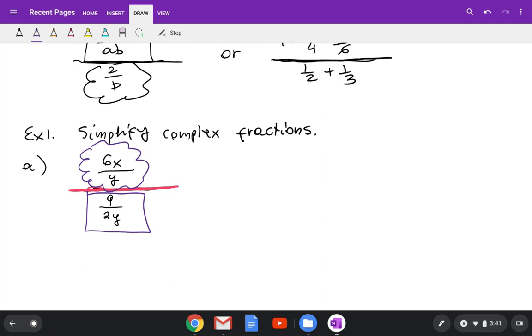So what we're going to do first, step 1, rewrite the division as a multiplication, because the fraction bar means division.